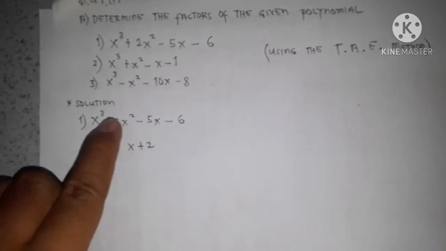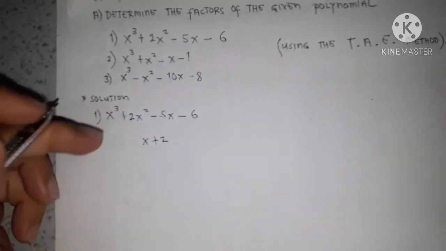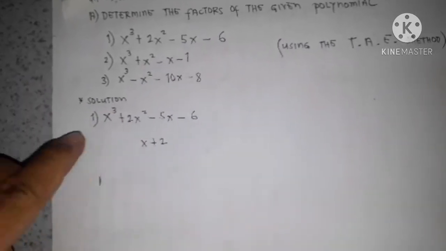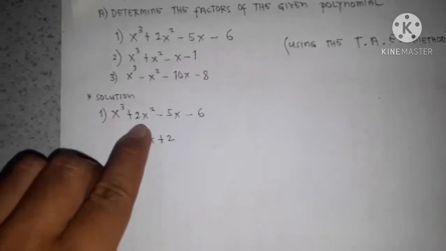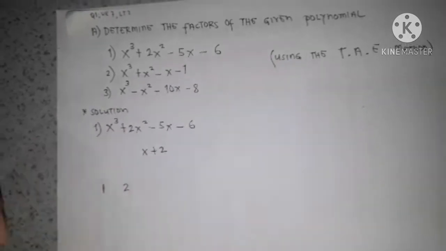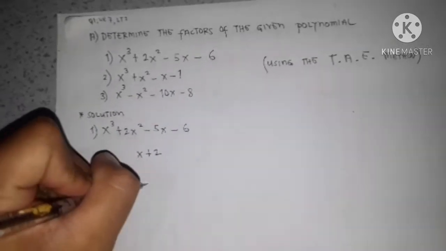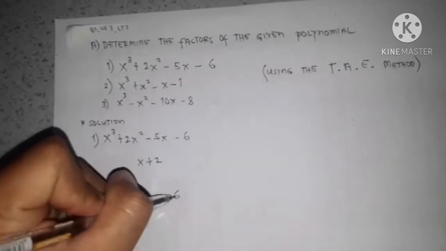So, i-divide natin ito by this one using the synthetic division. So, you have 1, numerical coefficient ng x cubed is 1, numerical coefficient ng 2x squared is 2, numerical coefficient ng negative 5x is negative 5, the constant term.